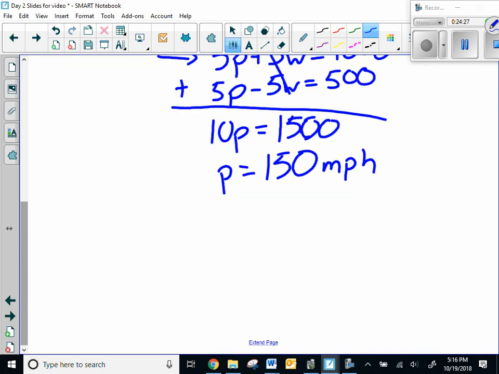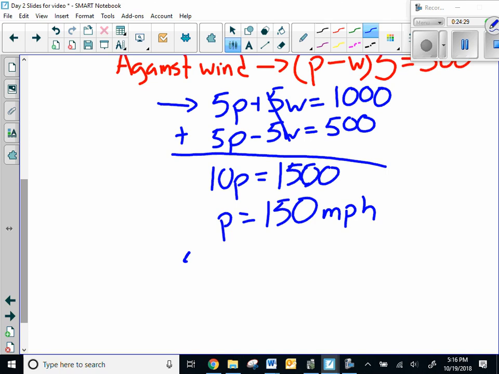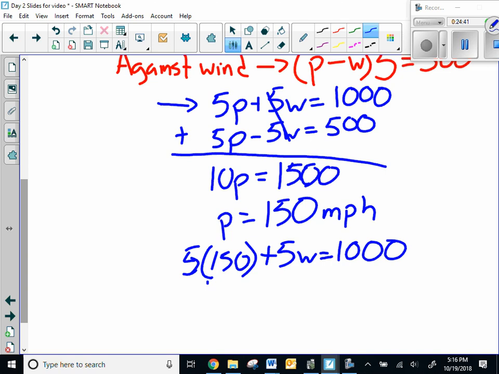So we'll have 5p, but instead of p, we got 150, so 5 times 150 plus 5w equals 1,000. Then if we solve that out, 5 times 150 gives us 750 plus 5w equals 1,000.